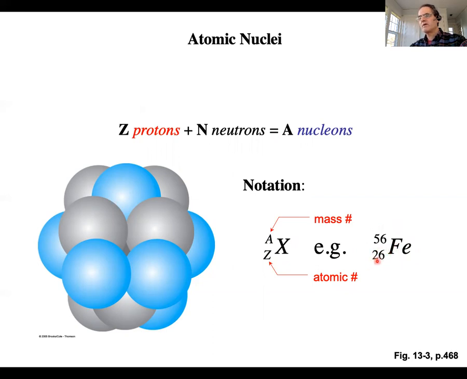So Z is in the lower left-hand corner. And the most common isotope contains 56 nucleons in total. If you want to know the number of neutrons, of course, you can just figure it out from A and Z. By the way, sometimes the atomic number is omitted since it's really also determined by the chemical symbol.